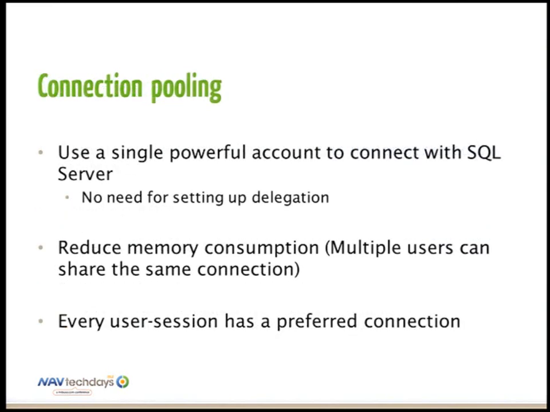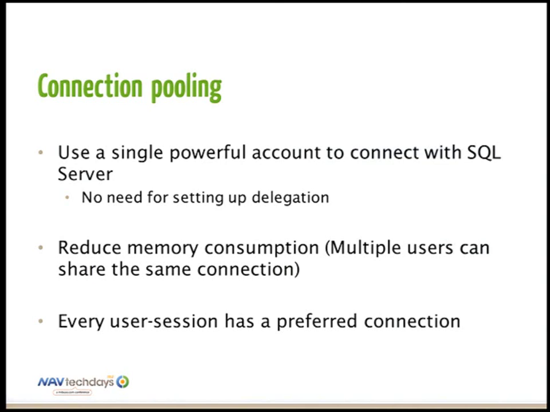So connection pooling basically means that the direct one-to-one mapping from a NAV user to the database is broken. A user asks for a connection whenever he needs it. Most likely he will get the same connection that he got the last time because that connection is ready, it contains all these cached statements and so on.